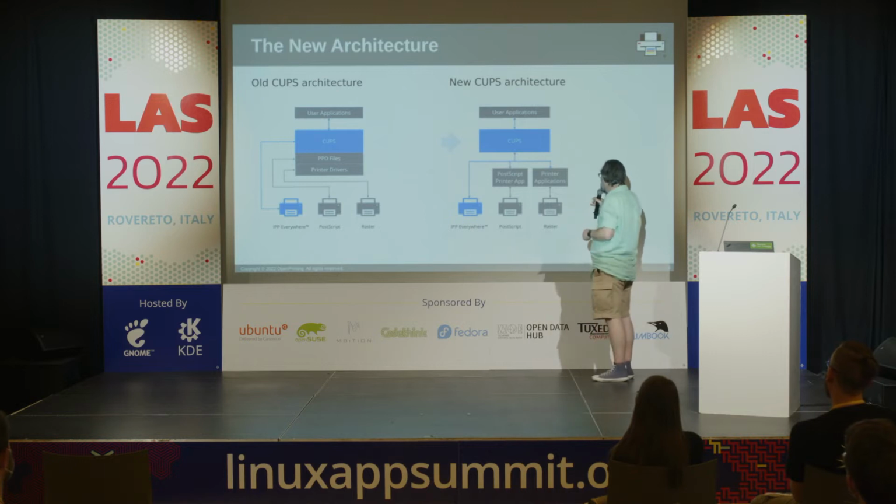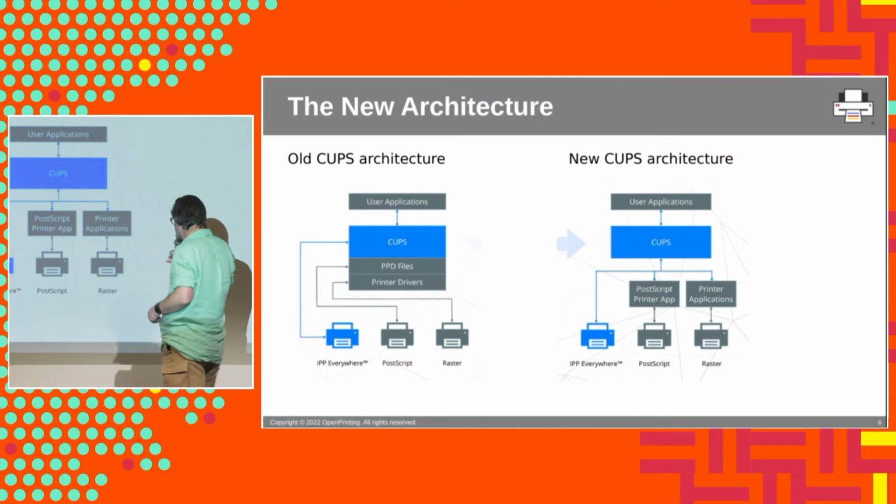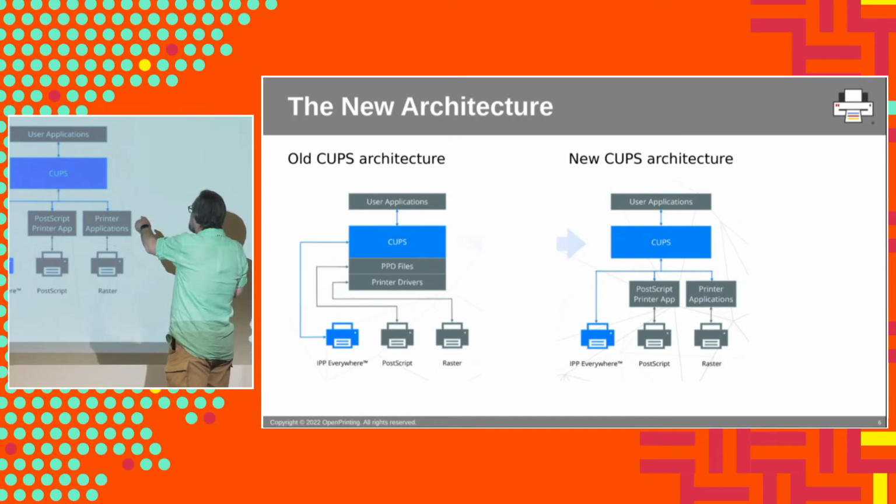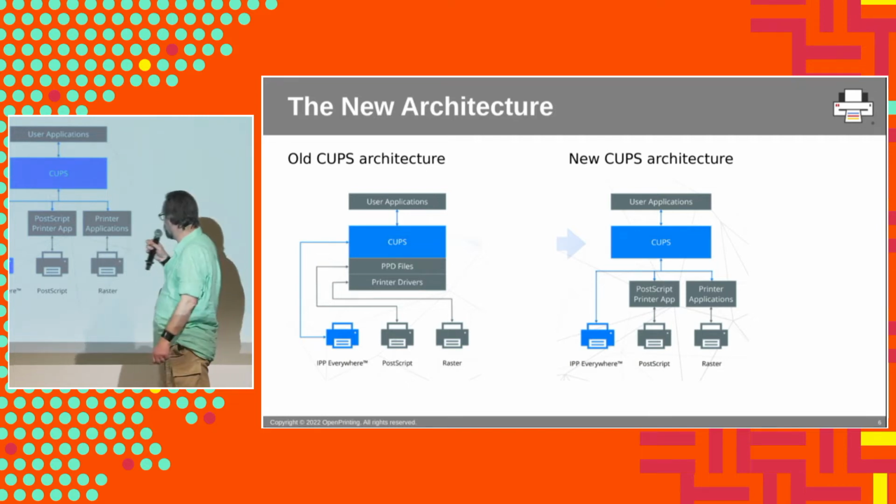And in the new architecture, CUPS itself can only do IPP, and so it either communicates directly with a driverless printer, or it needs a printer application which supports the printer. There are several different ones to print on non-driverless printers.